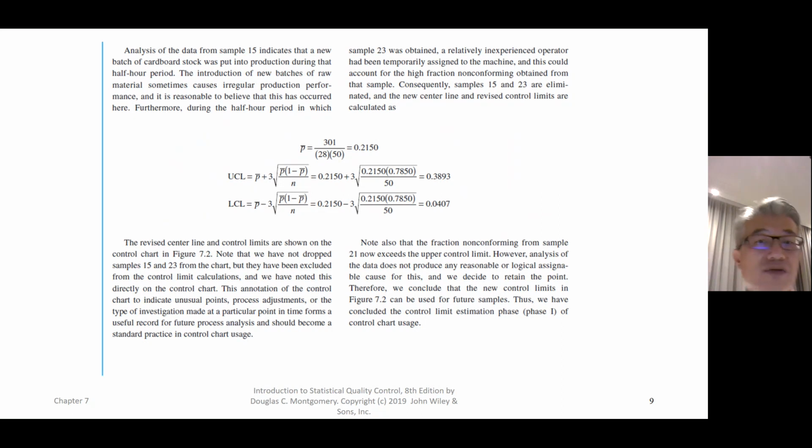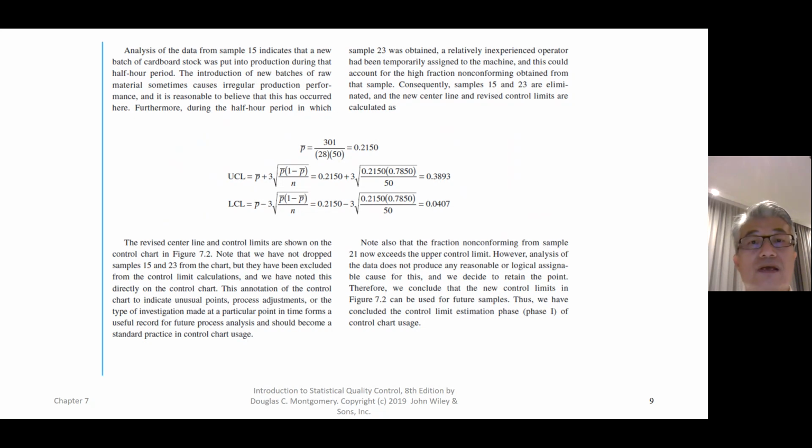We have noted this directly on the control chart. This annotation of the control chart is to indicate unusual points, process adjustments, or investigations made at a particular point in time. A useful record for future process analysis should become a standard practice in control chart usage.